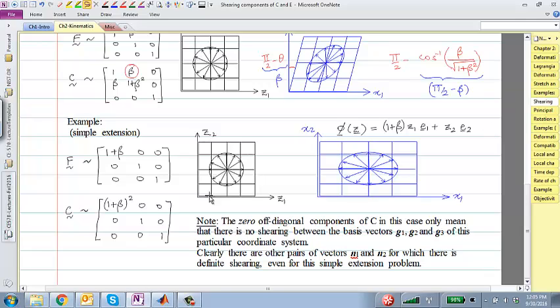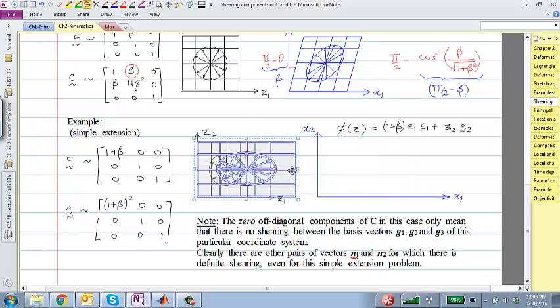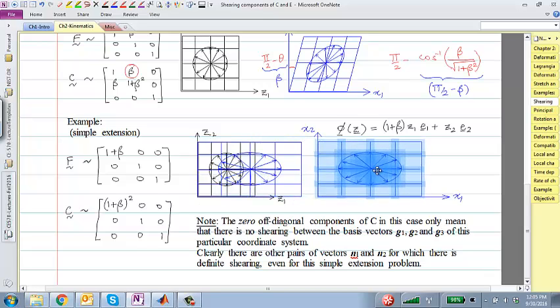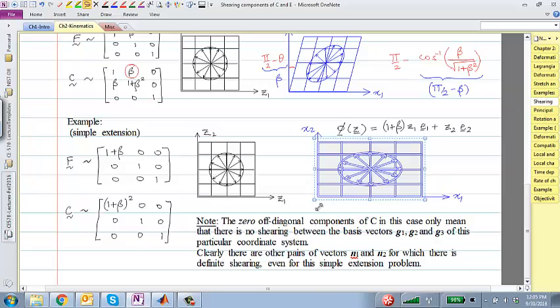So you can imagine that this guy, after deformation, all that it does is, if I pick this out, initially it was this, and all I'm doing is stretching it in the x direction and just moving it to a new coordinate system just so that we can see it clearly.